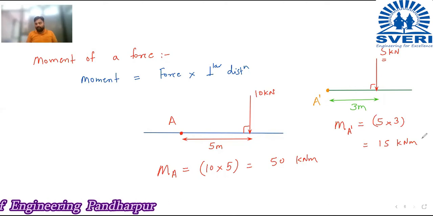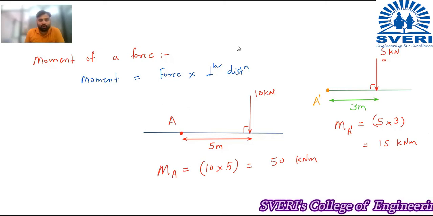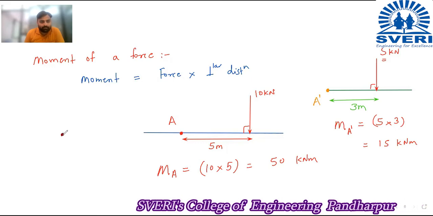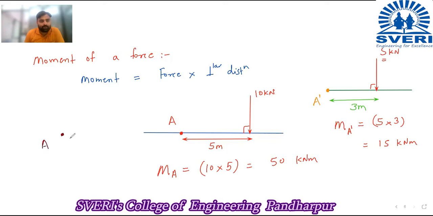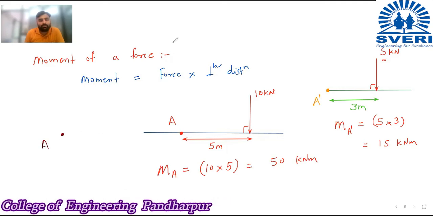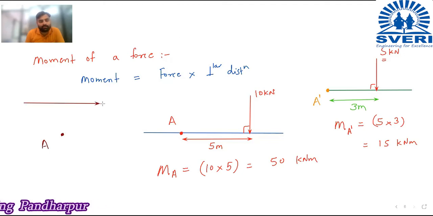Okay, so nobody is talking means I assume that you don't have any doubt. We will move a little bit further now. Now see, I will just show over here a point. Suppose now this is my point A. And here at this point, this force is acting like this.